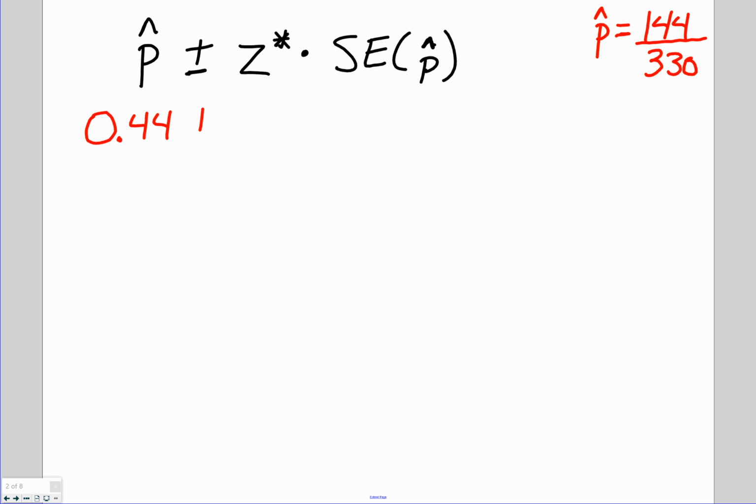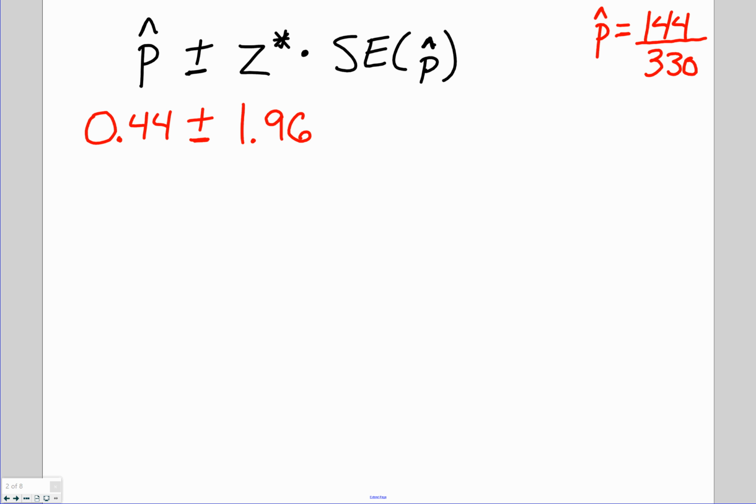Plus or minus, what Z star am I going to use for a 95% confidence interval? 1.96. Very good. Again, I expect you to memorize that number. For a 95% confidence interval, use Z star of 1.96.